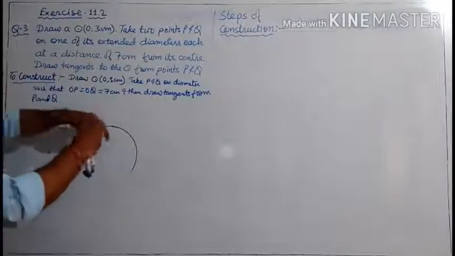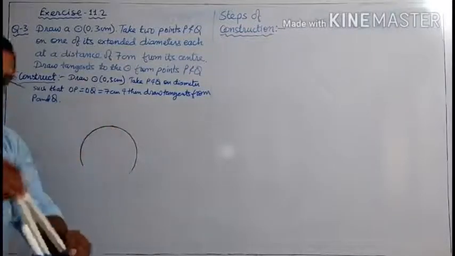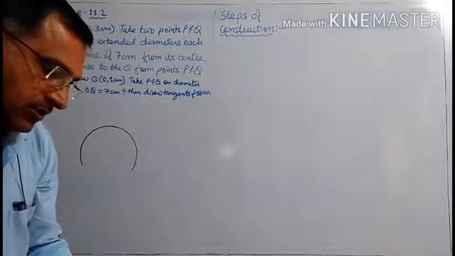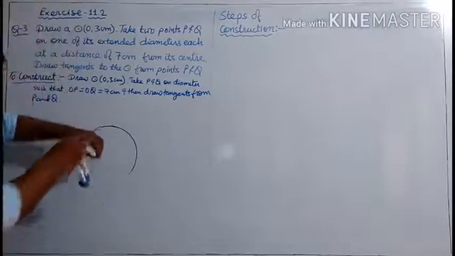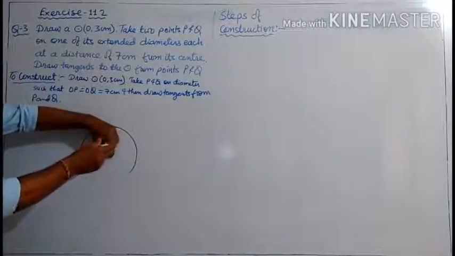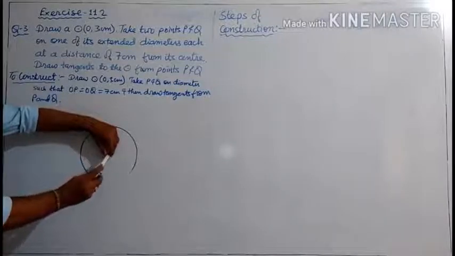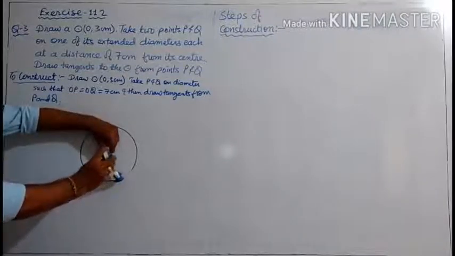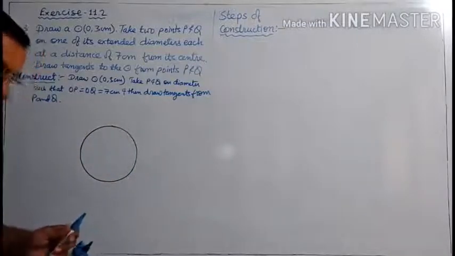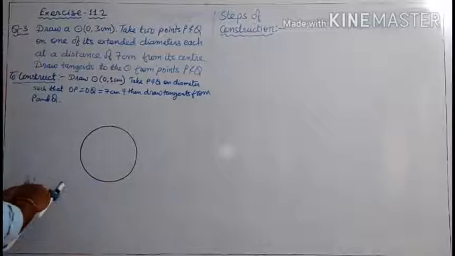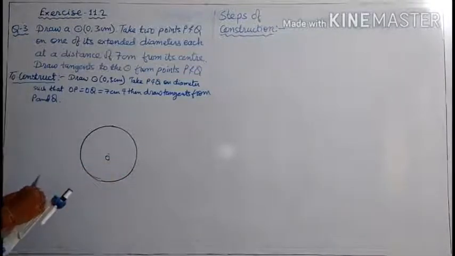So here with center O, we have to complete the circle with radius 3 centimeter. So now it is the circle with center O and the radius 3 centimeter.